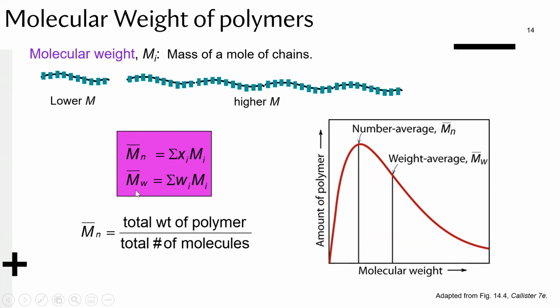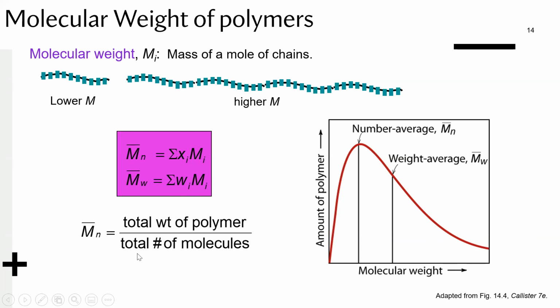If you want to calculate the weight average, you find the product of the weight fraction and the molecular weight belonging to that particular column, and then you sum up all these products to find the weight average molecular weight.